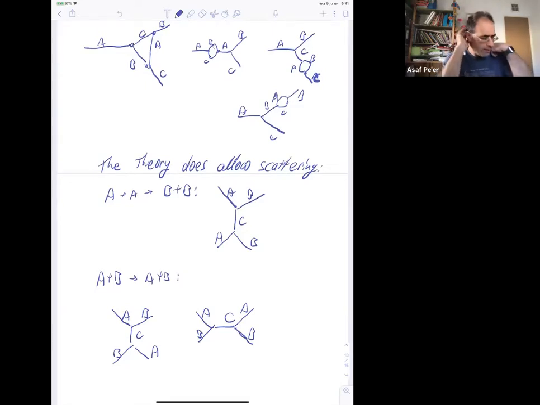Since you're a bit quiet, I'm not sure that you all follow what I'm saying, right? Because before I'm even starting to put the Feynman rules, I told you that the Feynman rules are specific for a specific model. Each model or each theory is going to end up with slightly different rules.